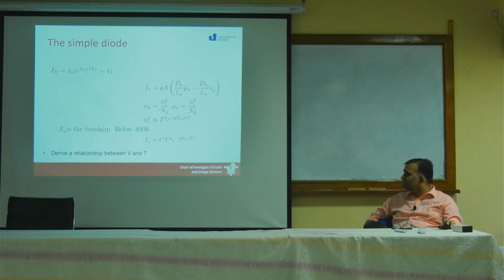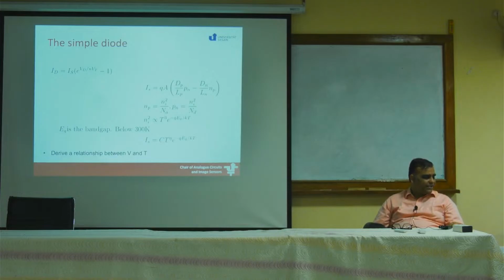Your Ni has a very funny relationship with temperature. It has a T cubed term and it has an exponential relationship as well. Now, Eg is your band gap. Well, you can assume it to be constant, right.